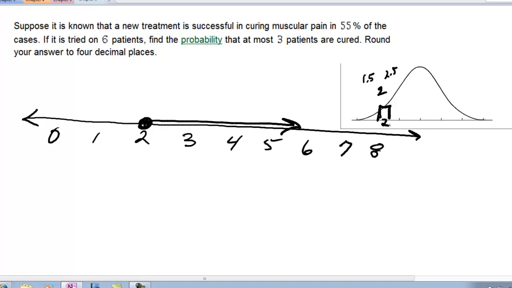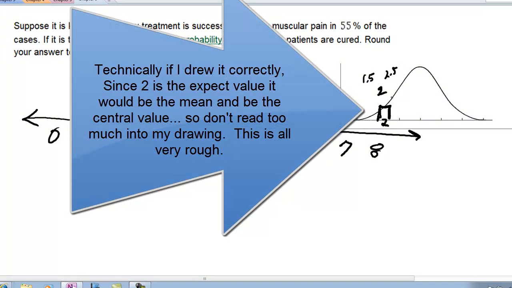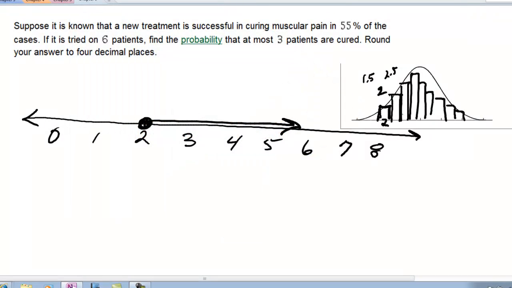What I want you to see here is that if I had a bunch more rectangles here, I'm not saying that this is what the distribution looks like, but all of them would be shaded because these are the ones I'm interested in. And the ones I'm not interested in finding are the rectangles for 1 and 0.